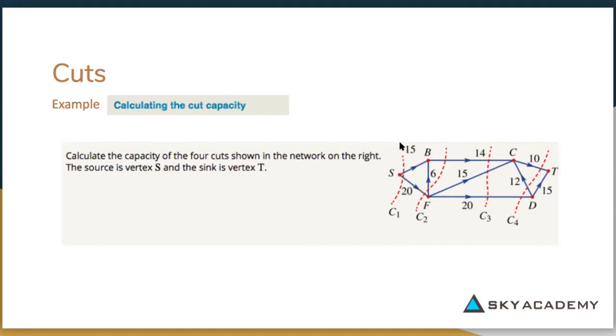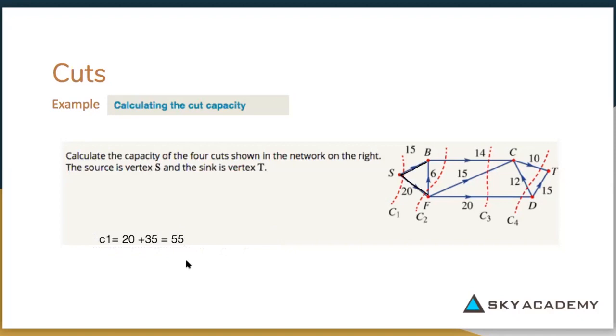This line here flows from the source to the sink, and it does separate the source and the sink completely. So we would do 20 for the first line, which is cut 1. You would do 20 plus 35, and that would equal 55.